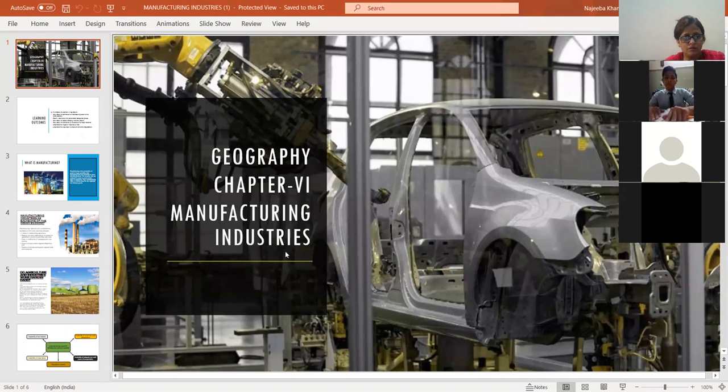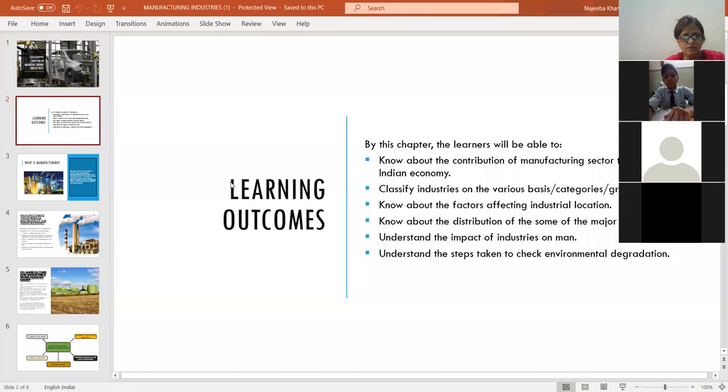So secondary sector, manufacturing industries is the chapter, and these are the learning outcomes, why we are learning this chapter, why we are studying this chapter. So there are a few learning outcomes. First one is to know about the contribution of manufacturing sector to the Indian economy.